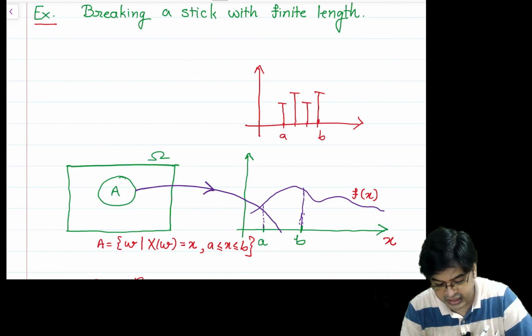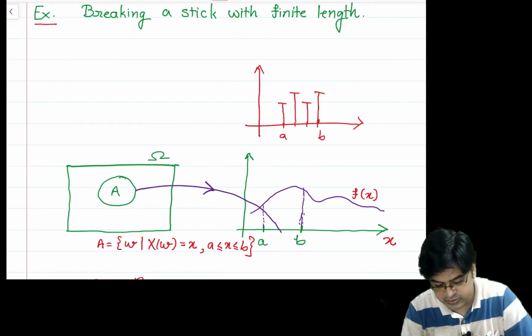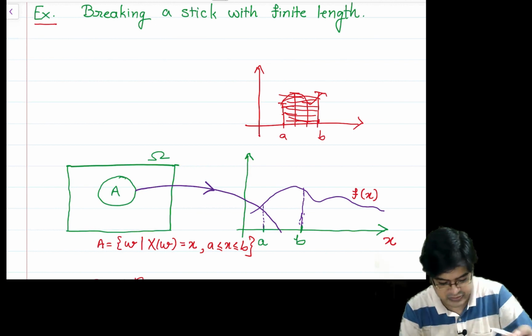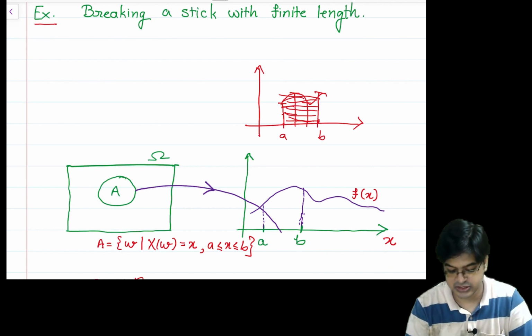Now I need to describe this random variable, which is a continuous random variable. I need to uniformly split this probability mass across this continuum, across this interval ab, and therefore I will have some function of this form which will describe my replacement of the probability mass function.